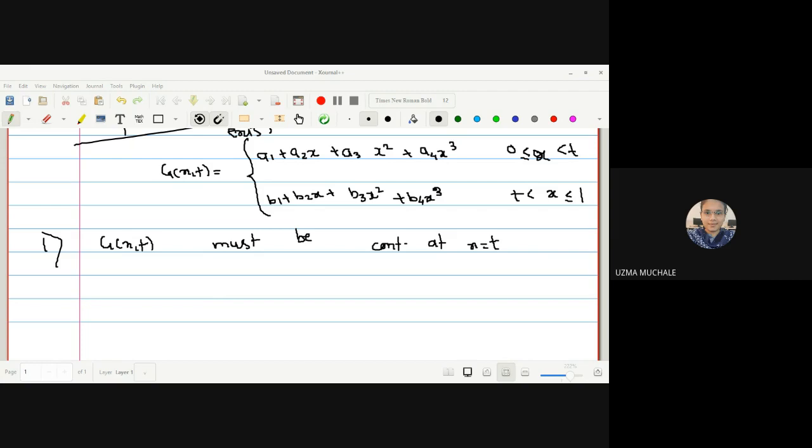So how to check the continuity? You have to check the continuity at x equal to t from the left and right, and it will be continuous when these two values are equal.